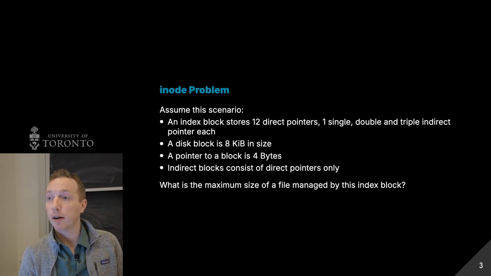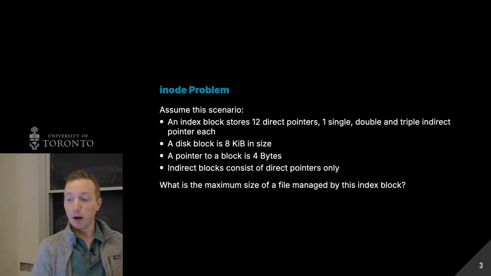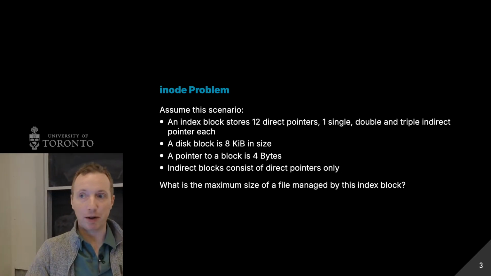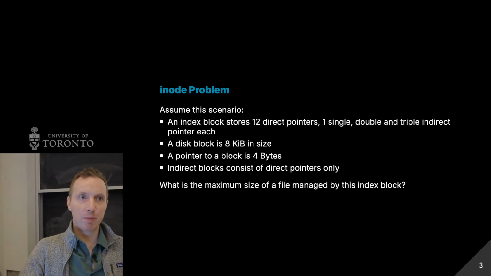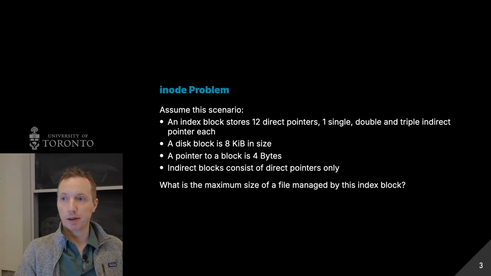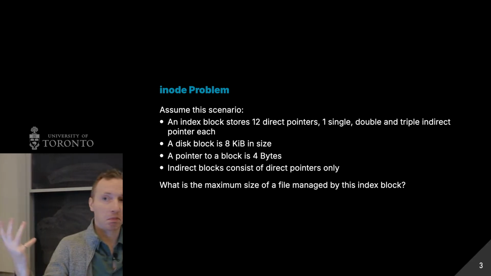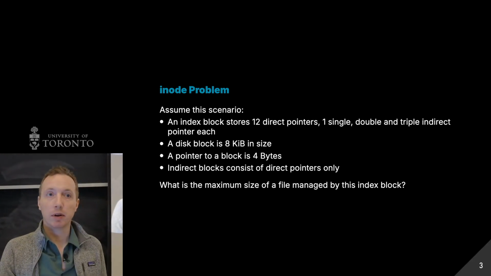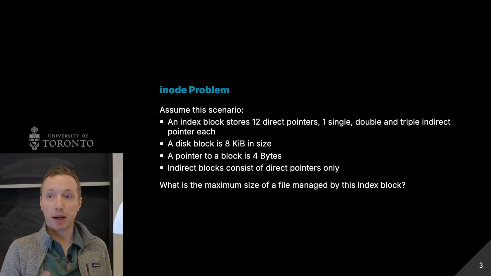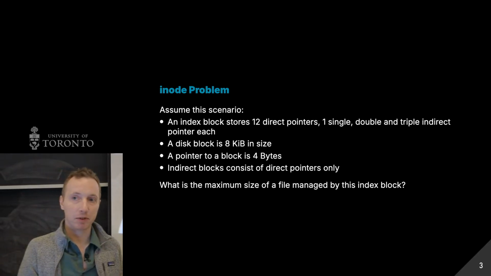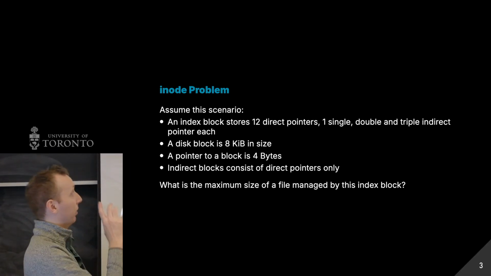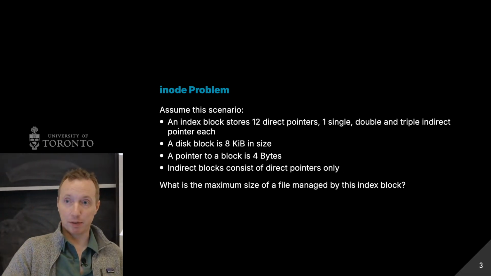Why is a block 8 kilobytes? It just depends on the hardware. It's typically either 4 or 8. Is it a page then? Sometimes it's the same size as a page, but it doesn't have to be. It just has to do with the hardware, because the block is the disk block.